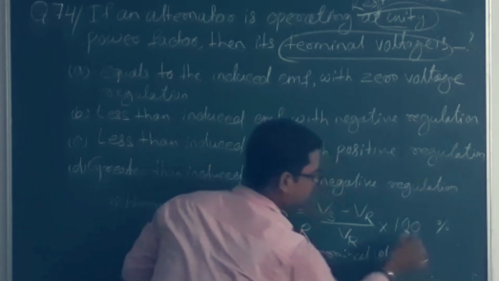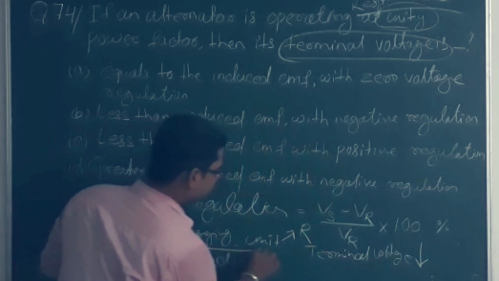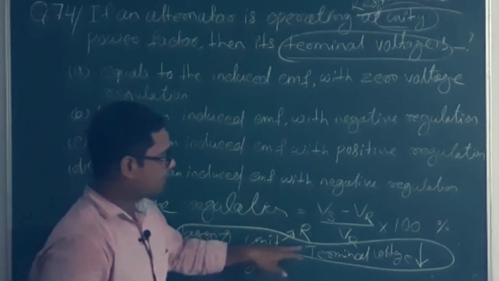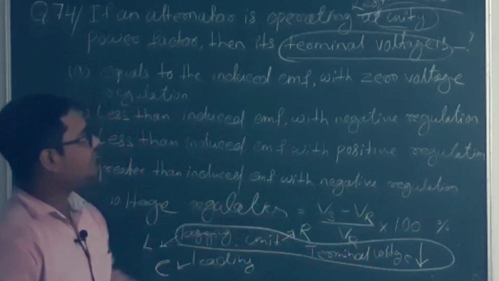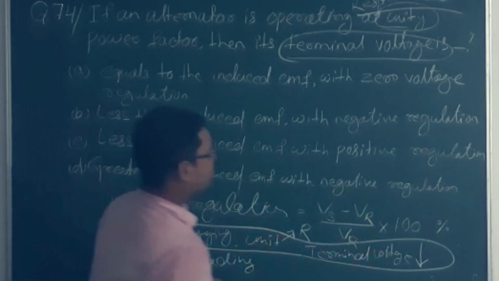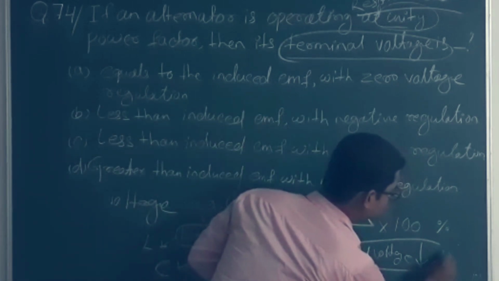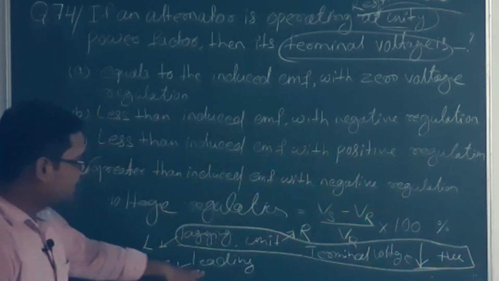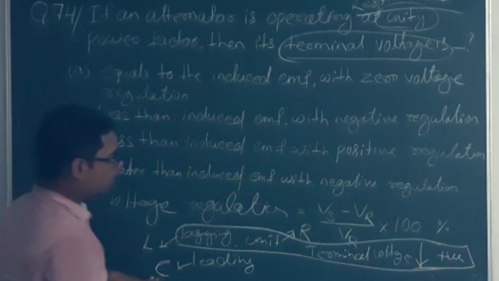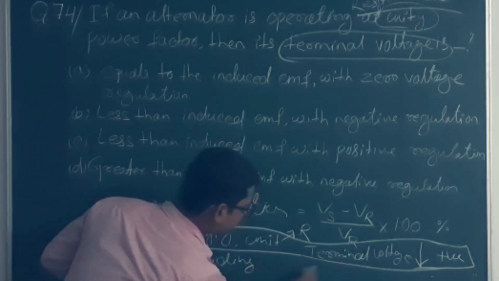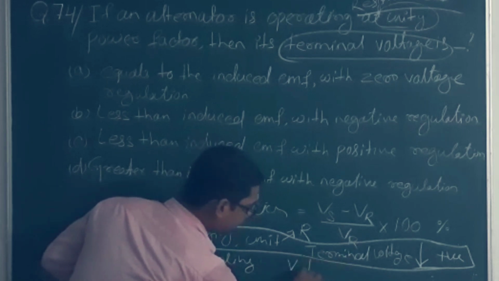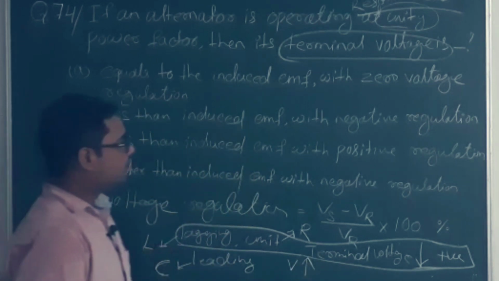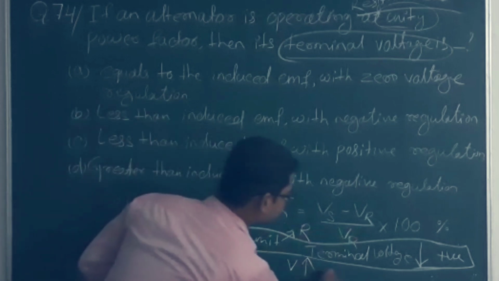For lagging and unity power factor, the terminal voltage is less, and at that time the voltage regulation is positive. For the leading case, whenever it is connected to a capacitive load, the terminal voltage value increases, and the voltage regulation value will be negative.